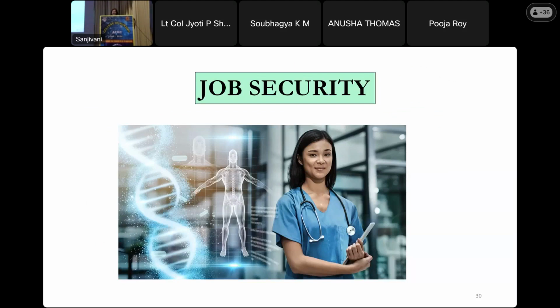As said by our eminent speakers, empathy and human touch still rest with us. Moreover, critical thinking, problem solving and decision making abilities are again the power in the nurse's hand. So we will definitely not let it replace us, but we will do the augmentation, augmented intelligence walking hand in hand with artificial intelligence.